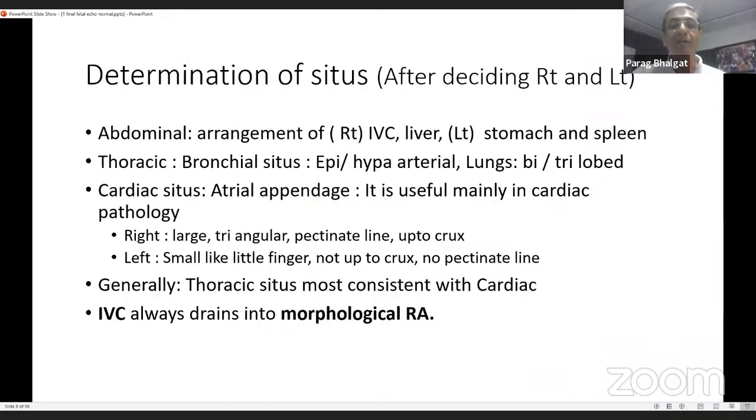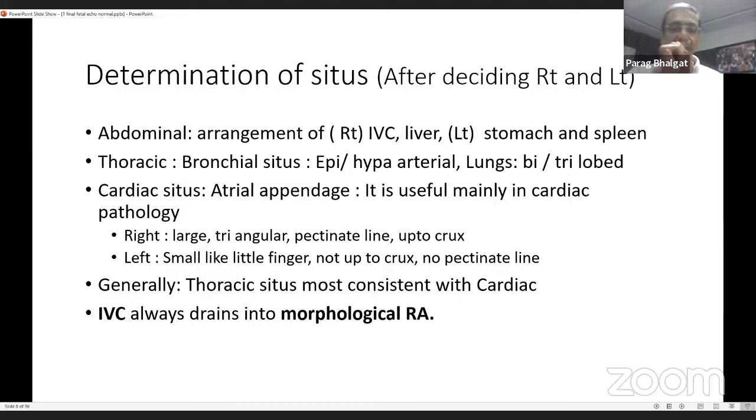Then coming to deciding situs. After deciding left and right, we have to decide what the situs is. Situs has three parts: abdominal, thoracic, and cardiac. Abdominal situs is about the arrangement of the liver, inferior vena cava, stomach and spleen. Thoracic is about bronchial situs and lung. Bronchial is the hyparterial bronchus, right and left side, trilobed and bilobed.